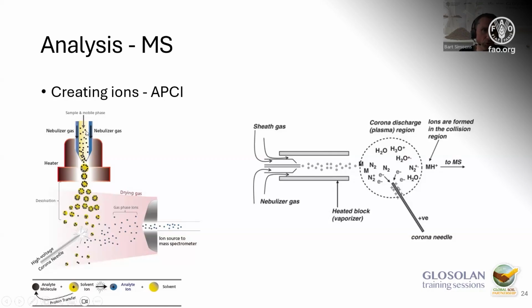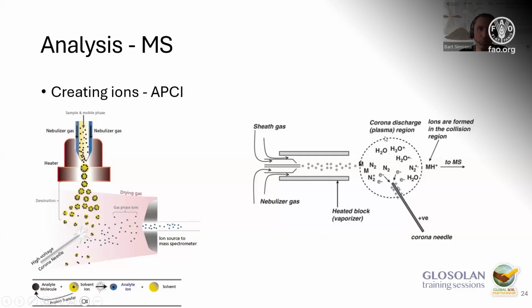And so the principle is quite complicated, but basically in yellow we have the output of the LC system. We have some carrier gas, usually nitrogen, and then we create droplets. The temperature is high, and that leads to desolvation. So it means that the methanol in our case, and the mixture methanol isopropanol water, is evaporated, and so we basically remove the solvent and we have the analyte molecules.